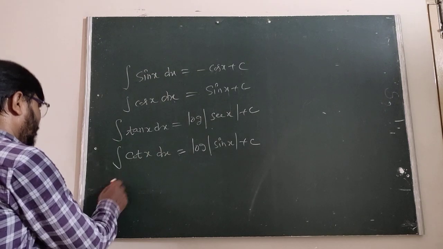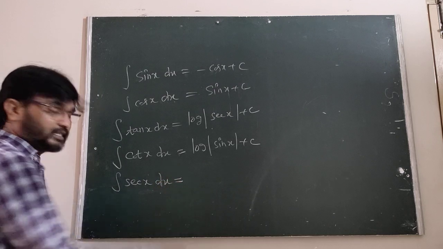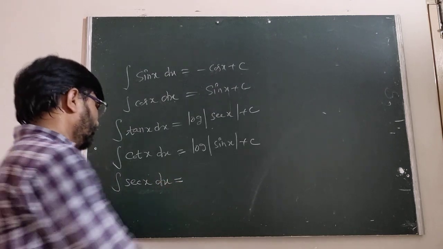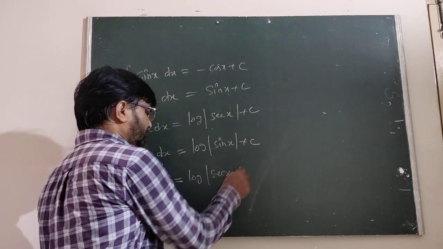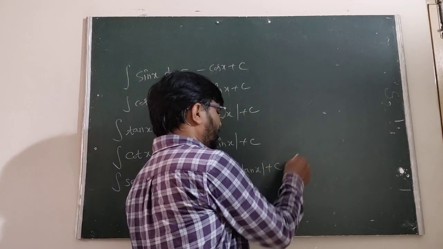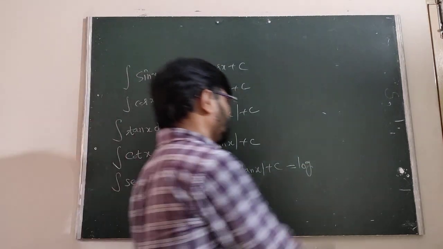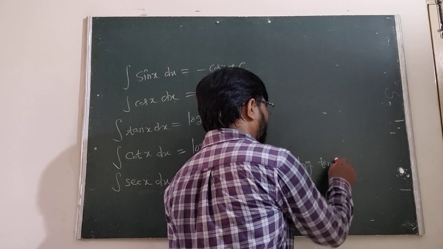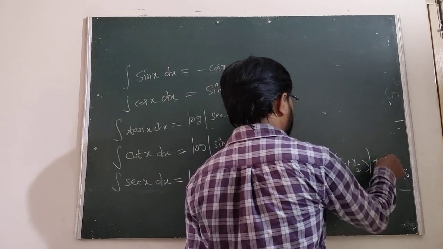Now the integral of secant x dx. We know that this is log mod of secant x plus tan x plus c, and also log mod of tan pi by 4 plus x by 2 plus c.